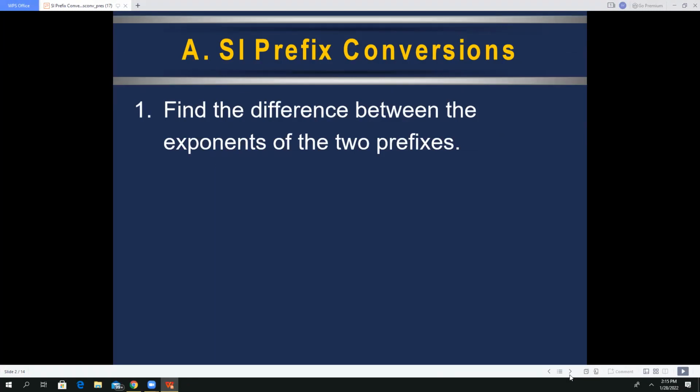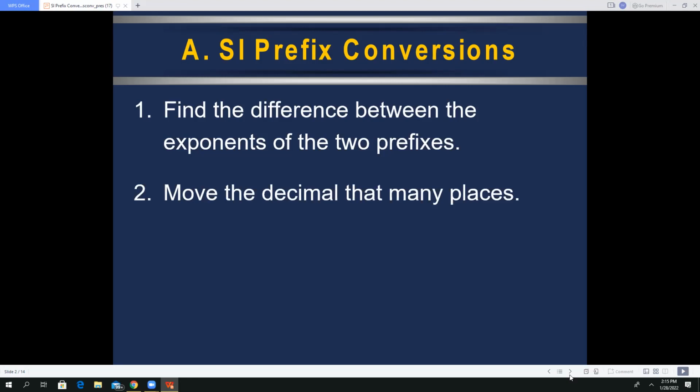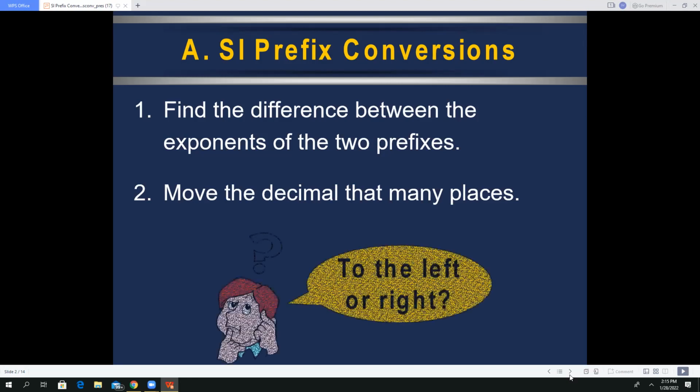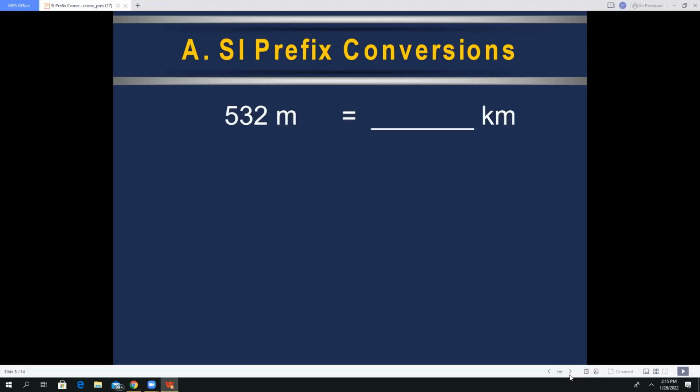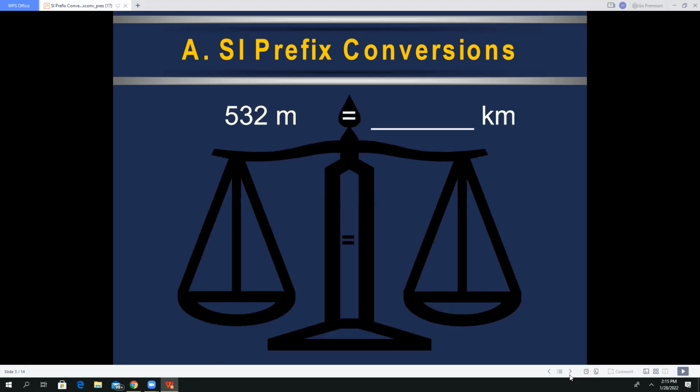Well, you just find the difference between those exponents and move the decimal that many places. Are we moving it to the right or to the left? Well, we don't know yet. We are moving it one way or another, and it all depends on what we're converting.